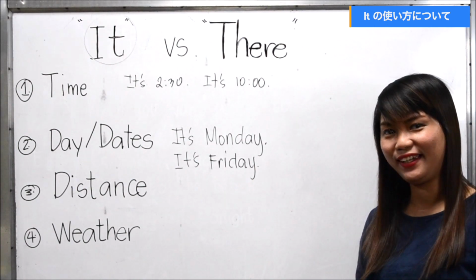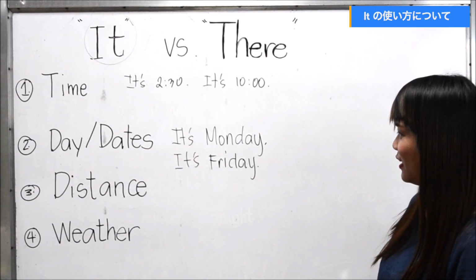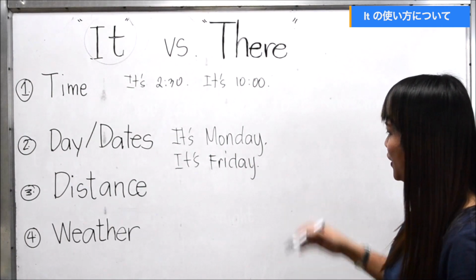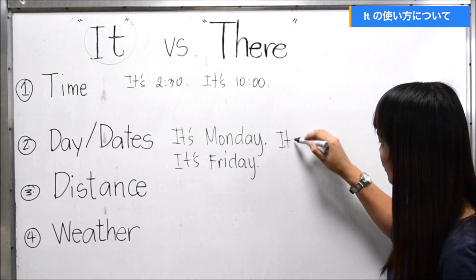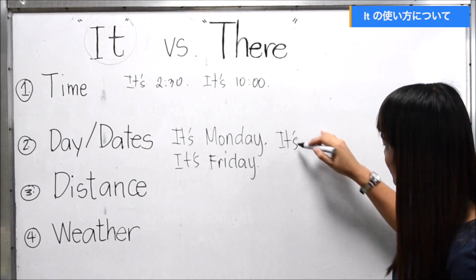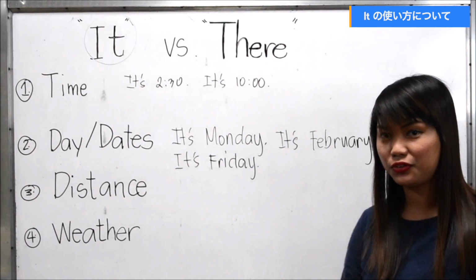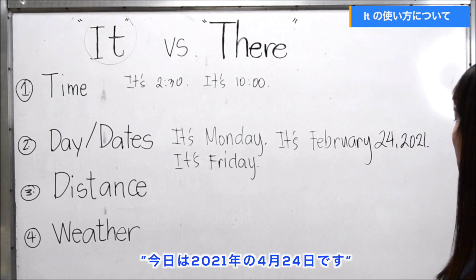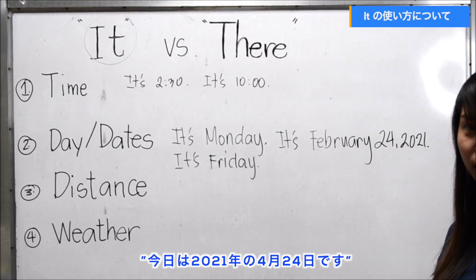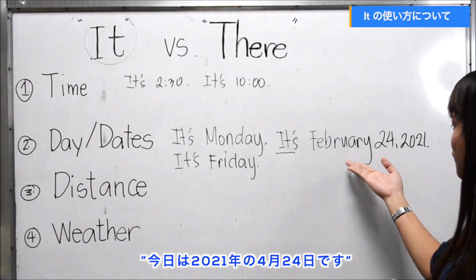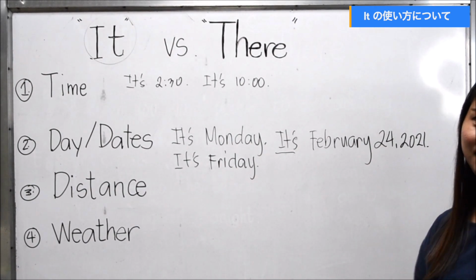Do you like Friday? And if you want to mention the date, we can also say, today is February 24, 2021. Or you can say it's February 24, 2021.